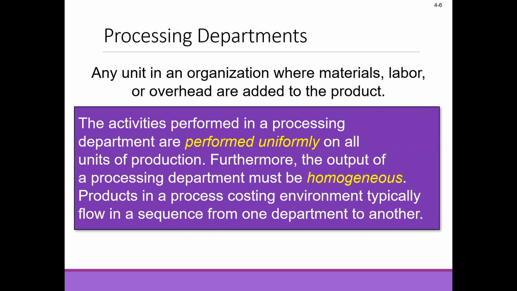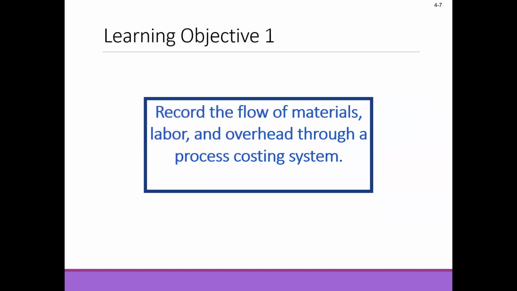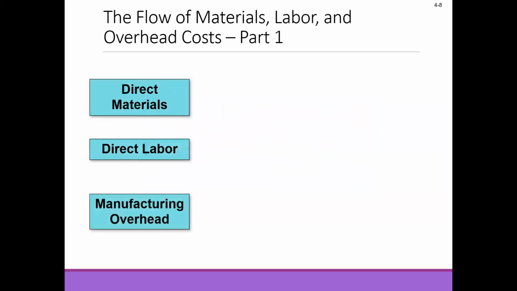The output has to be homogeneous. Products in a process costing environment typically flow in a sequence from one department to another department. So we are going to start and record the flow of materials, of labor and overhead through a processing system.